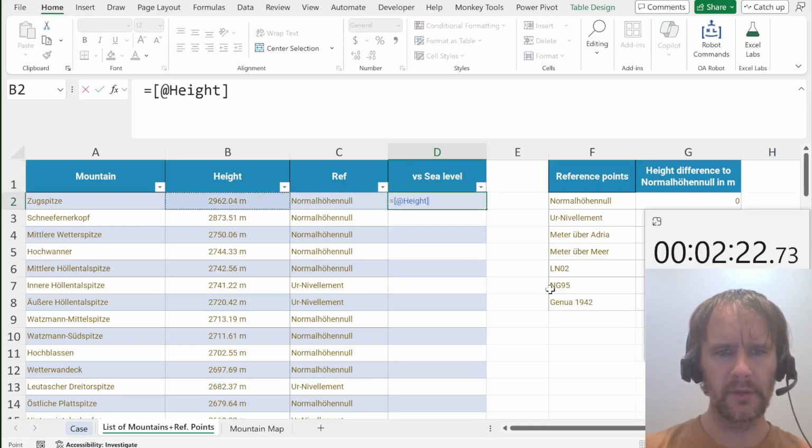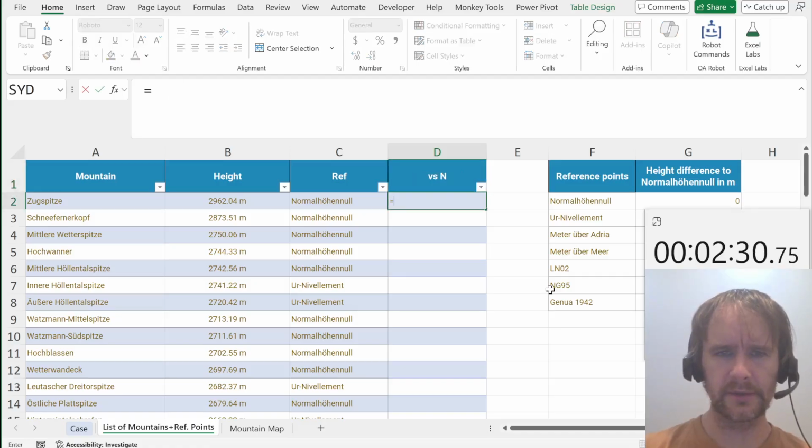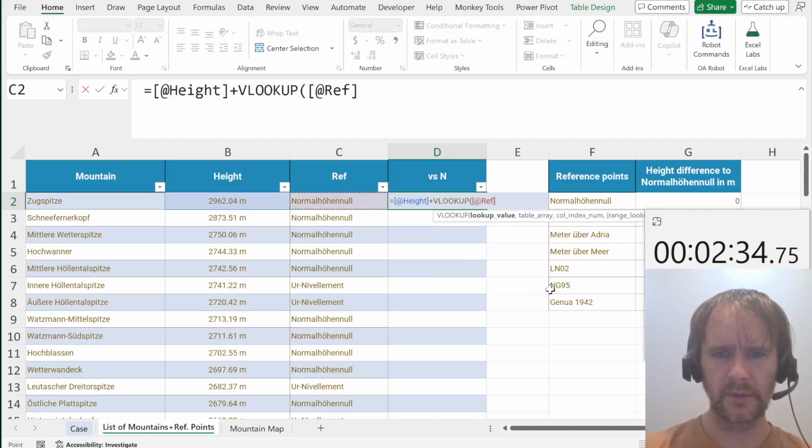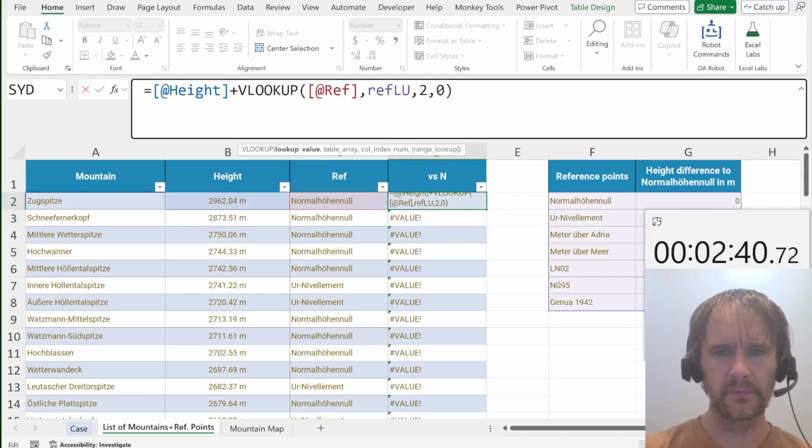And that will be this. No, wait. Oh god, okay. First let's just do versus n, and that's going to be this plus VLOOKUP, this in refLU20. What? Normal, yeah, that looks right. What?